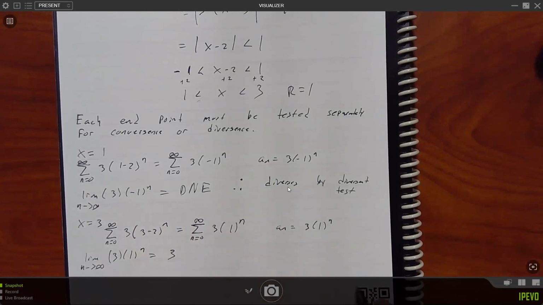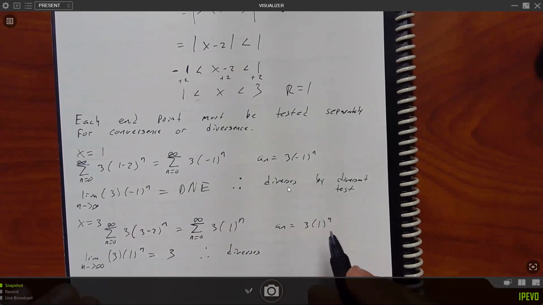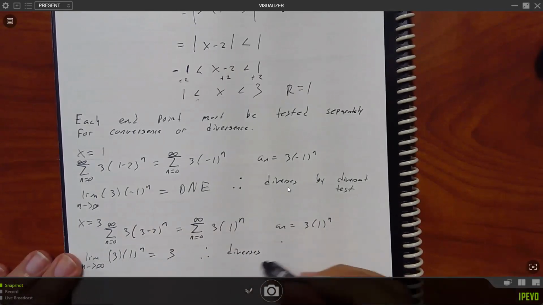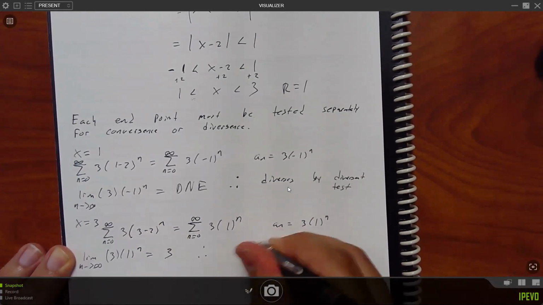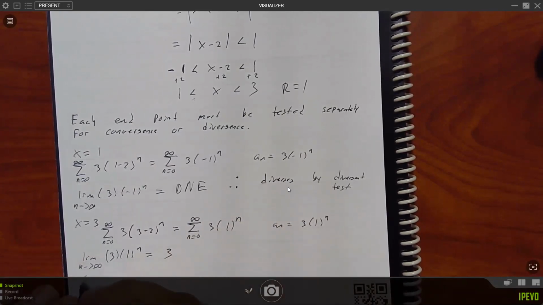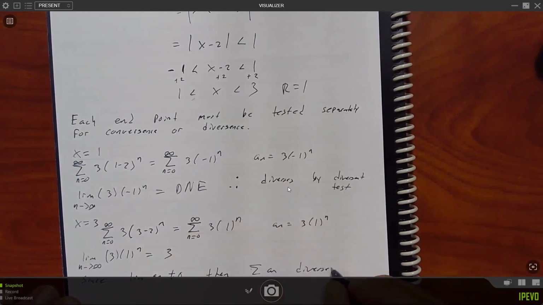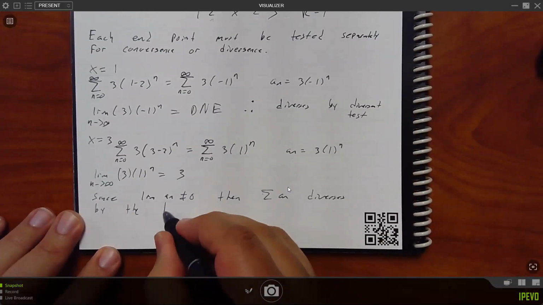But this means it diverges. I think I read that better. So since the limit of a_n is not equal to 0, then the series of a_n diverges by the divergent test.